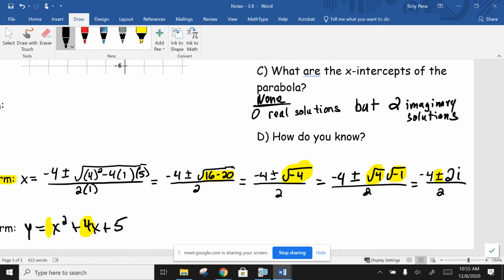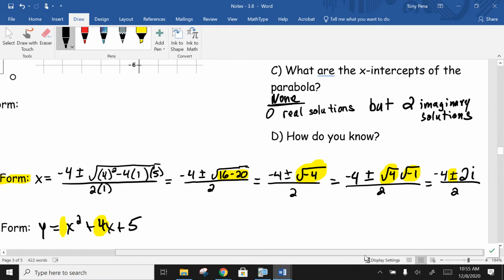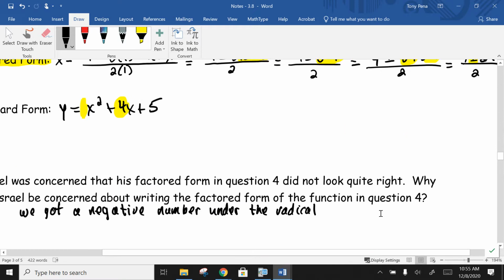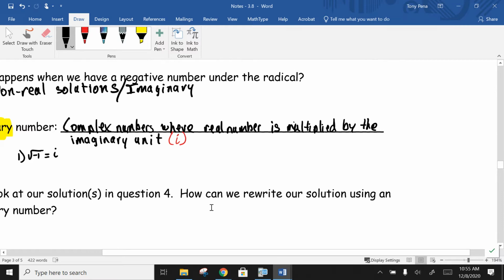Then, one other thing that I want you to write underneath where we have the definition for imaginary solutions. So this second thing, so let me do it over here. Make this big for everybody.